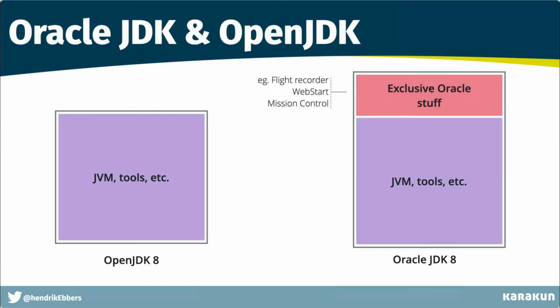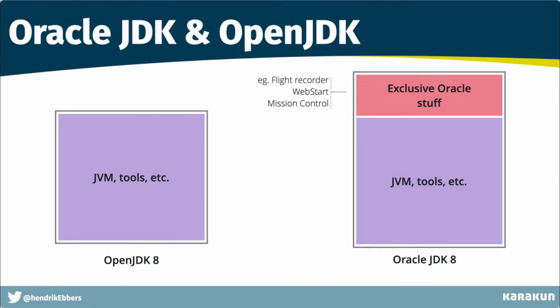Those tools were developed by Oracle in closed source repositories at Oracle and exclusively added to the Java distribution of Oracle to have a benefit against other distributions. The big problem was that in the past, most people were not aware of that and didn't understand that Oracle did some closed source stuff there.